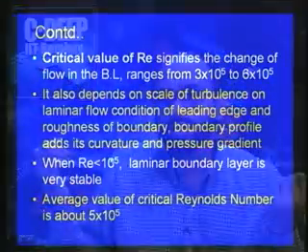But anyway, most of the experiments reported in the literature show that when the Reynolds number is less than 10 to the power 5, most of the time it will be a laminar boundary layer. And as in the case of laminar flow, here also in the laminar boundary layer, when the Reynolds number is less than 10 to the power 5, the boundary layer is much more stable.